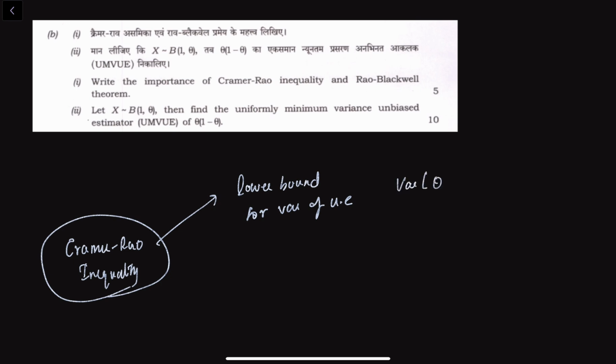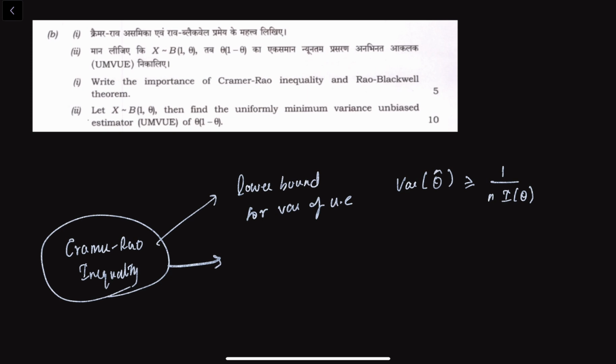So we have variance of theta hat greater than or equal to 1 by n into I of theta, where I of theta is the information for an IID sample of size n. The second thing is, any unbiased estimator attaining this Cramer-Rao lower bound is called efficient, and so that is optimal in the class of unbiased estimators.